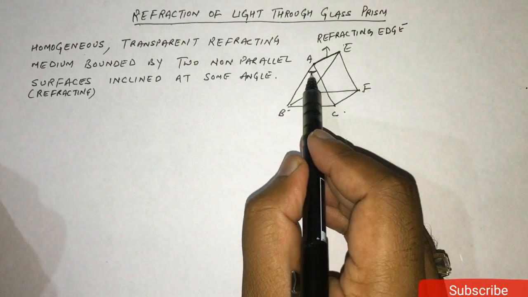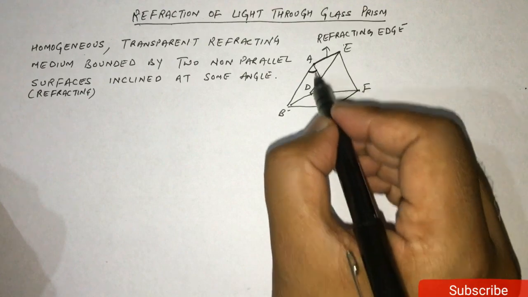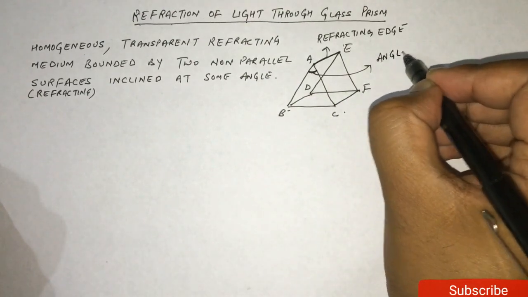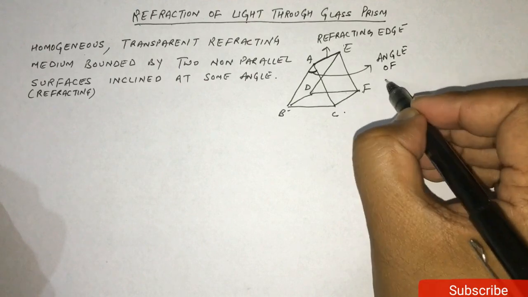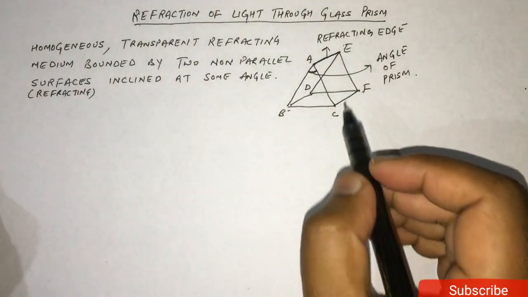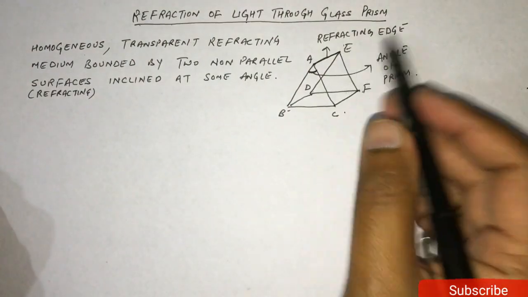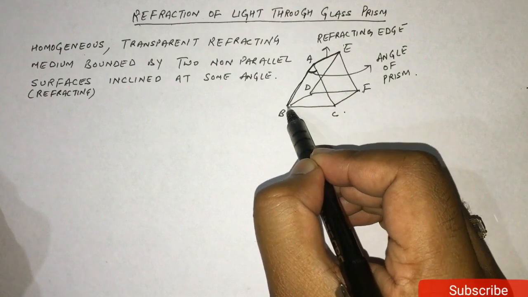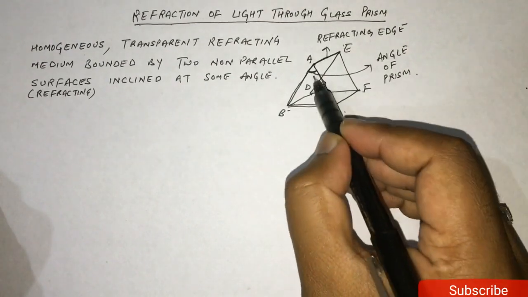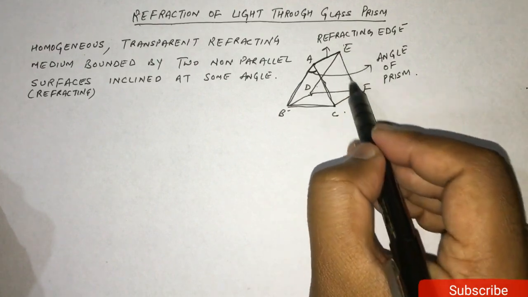And the angle between these two non-parallel surfaces that are inclined at some angle, this angle is known as angle of prism. If you look at this three-dimensional structure of a prism, it has two triangles, means A, B and C, one triangle, and EDF, second triangle.